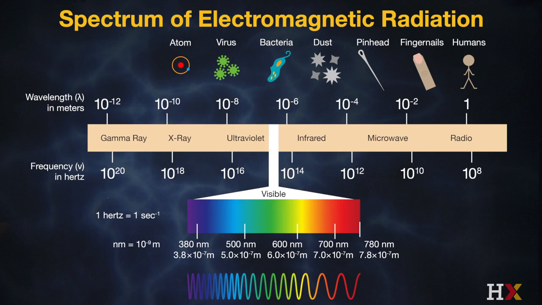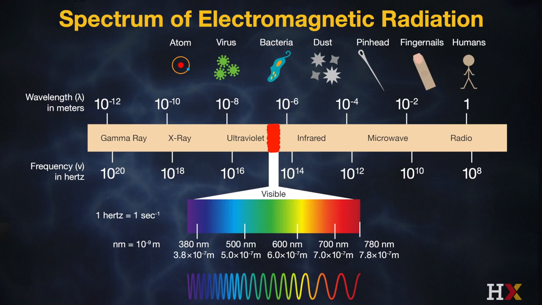And it's very easy to see why. When we have that sun as a source of light, we want our eye to be matched to that in the electromagnetic spectrum.